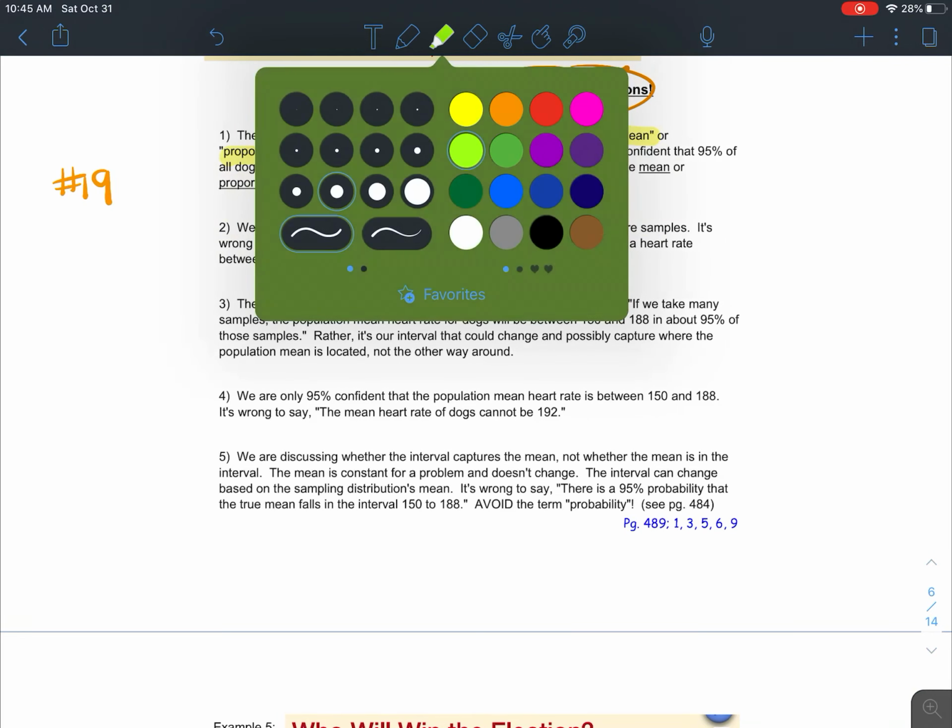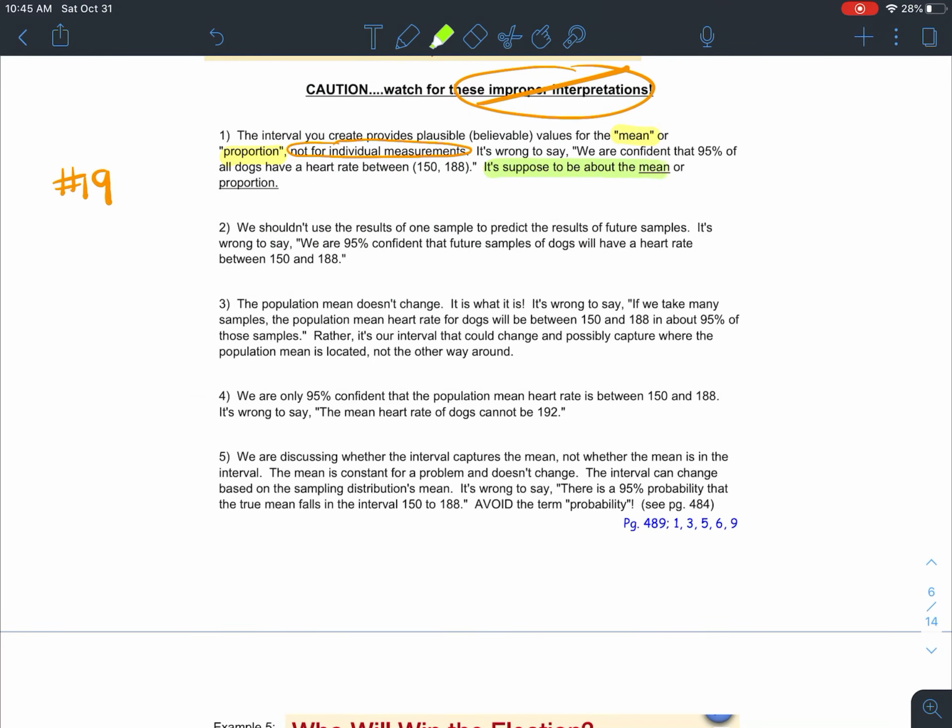You're supposed to say that we would be 95% confident that all dogs have a mean heart rate between 150 and 188. These intervals are supposed to be either about means or about proportions, not individual measurements.